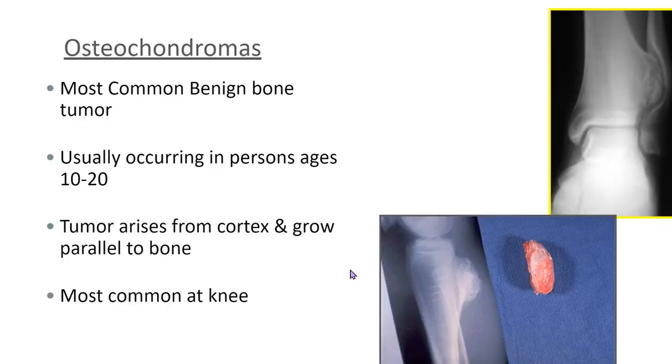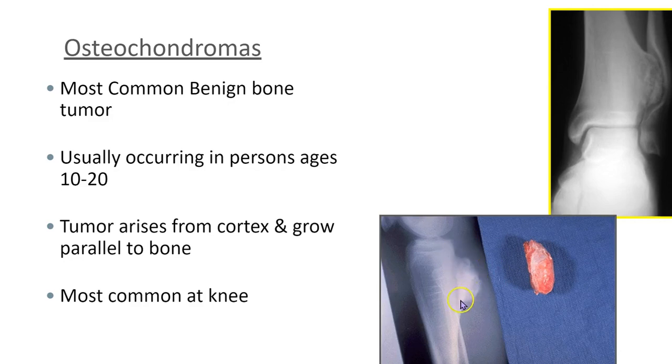Another benign bone tumor is osteochondroma, and this is actually the most common type of benign bone tumor, usually occurring in people between the ages of 10 and 20. Osteochondromas arise from the outer cortex of the bone, and the most common site for this is the knee, which you can see here.